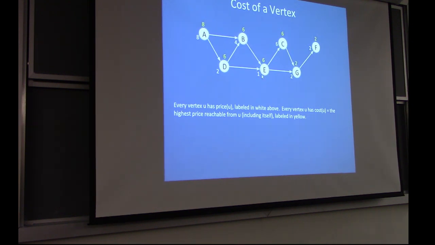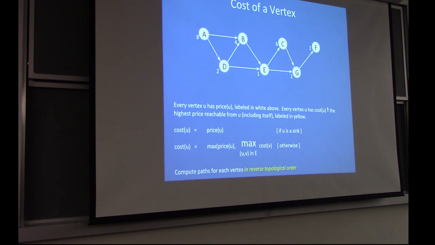Okay. So I look at all the costs of my direct descendants, but I'm trying to compute that yellow value. So I take the max of this one, the white one, and these two yellow numbers, and I get a 6. Okay. And so that's what that says right there. It's a loop. Basically, you're looping, taking the max over some edges.